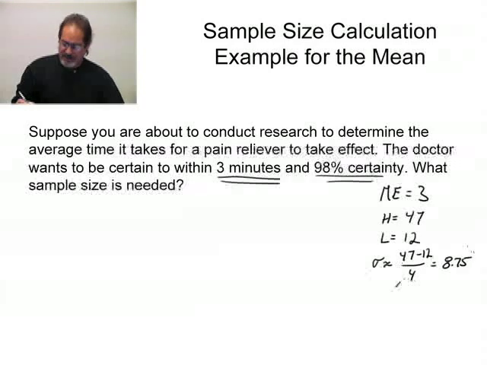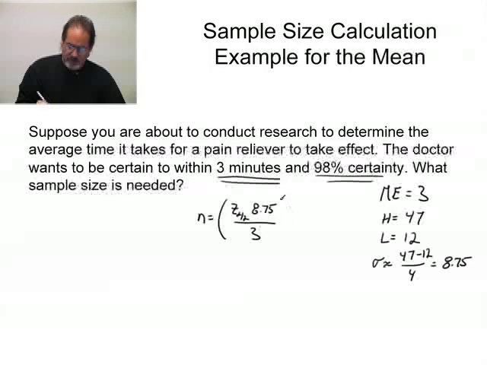So now I have this, and I can go ahead and calculate my sample size. So the sample size is going to be, I need to find z of alpha over 2, and then I'm going to use 8.75 as my estimate for sigma, and 3 is the margin of error, and square it, and that will give me n.